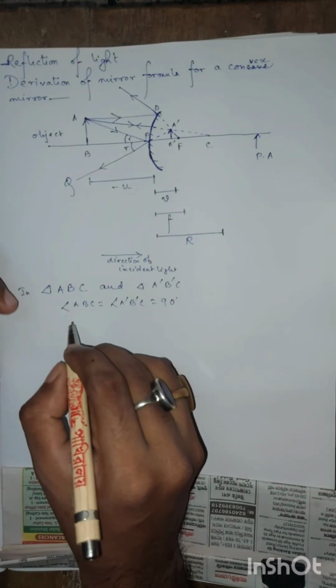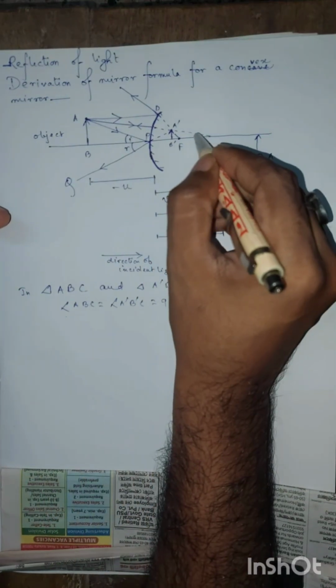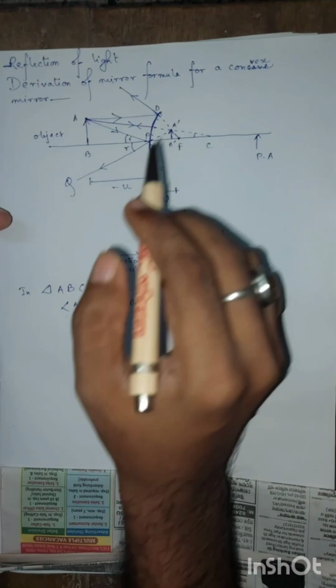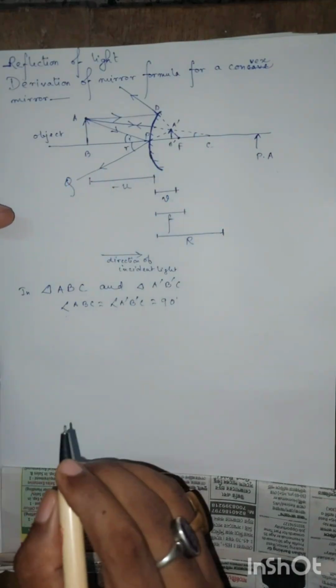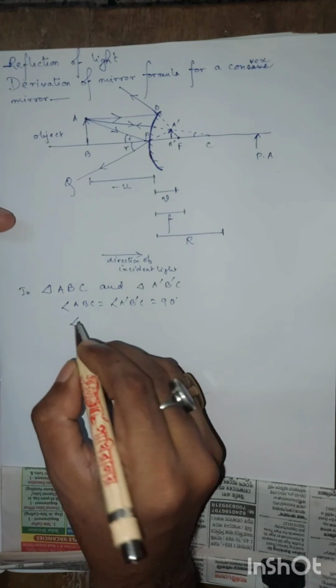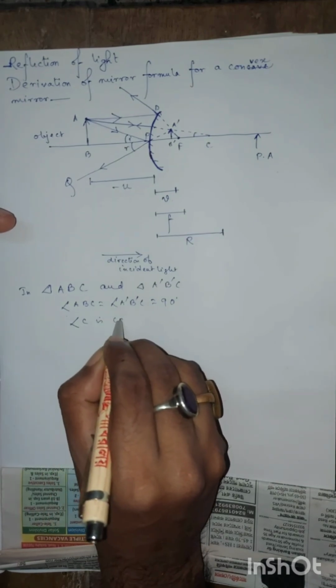And this is the common angle. This angle is common to both these triangles. Angle C is common.